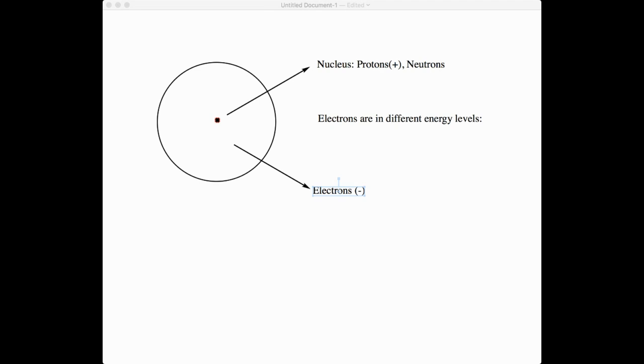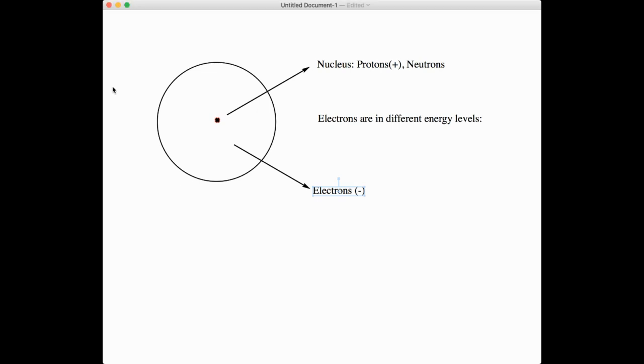Okay, so that's totally fine. So we can define something called shells, and that says the probability of finding an electron in different regions of space relative to the nucleus. Okay, and shells are quantized.